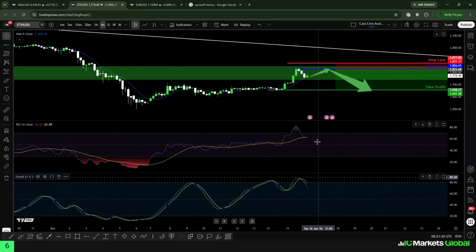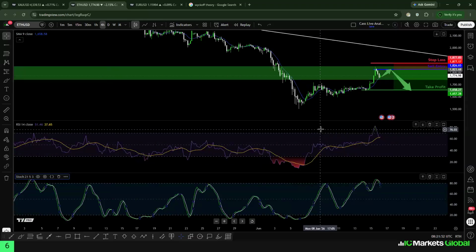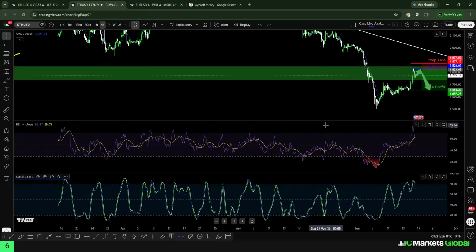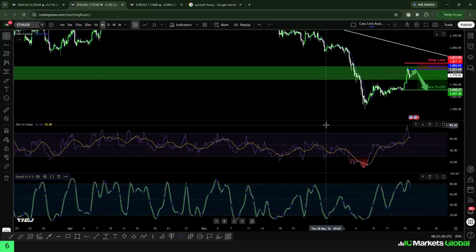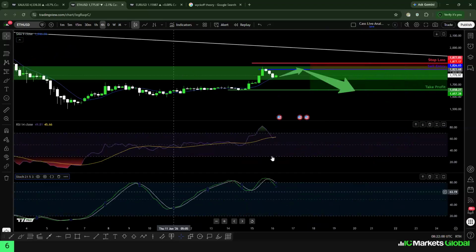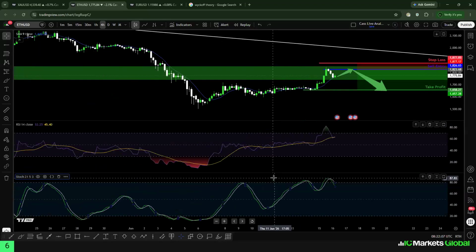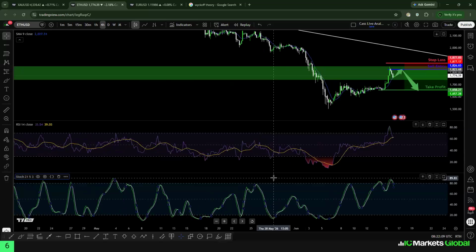Nope. Yeah, looks like there's a little bit of room left for price to go up. On RSI, no, RSI looks like it reached the peak, but for stochastic, it looks like there's a little bit of room left for price to come up one more time.